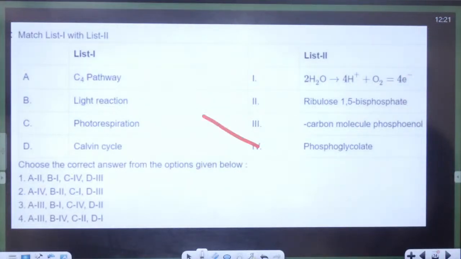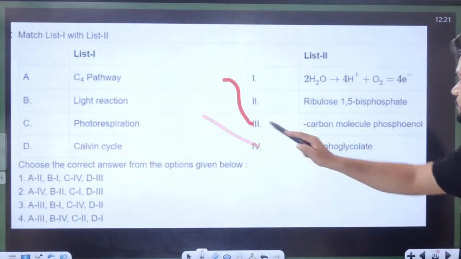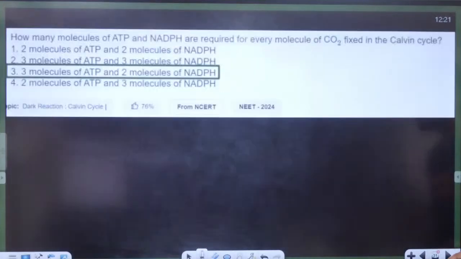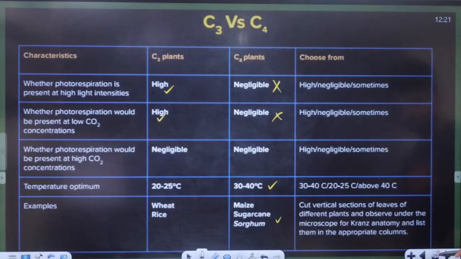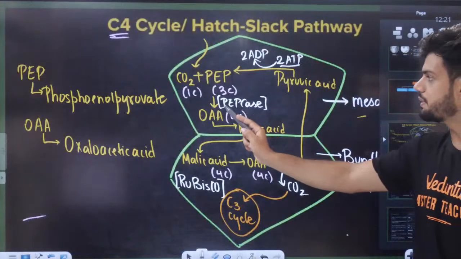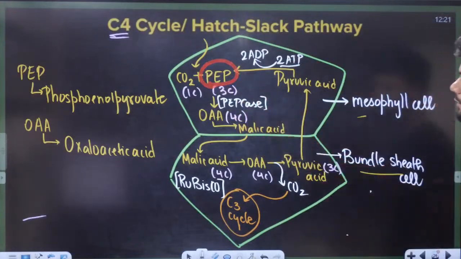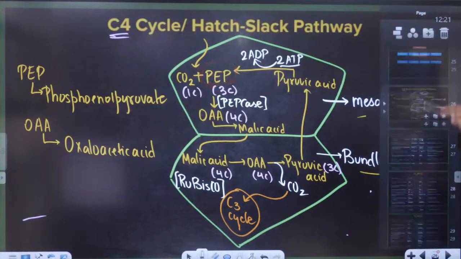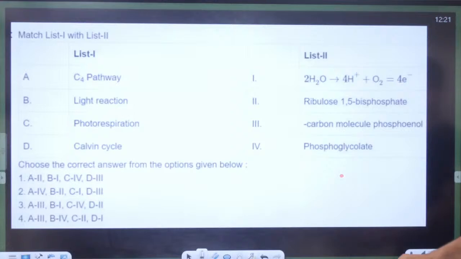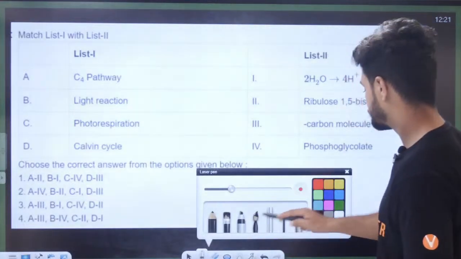A is going to be 3: the 3-carbon molecule phosphoenol pyruvate, PEP, which we learned here in C4. So A is going to be 3.